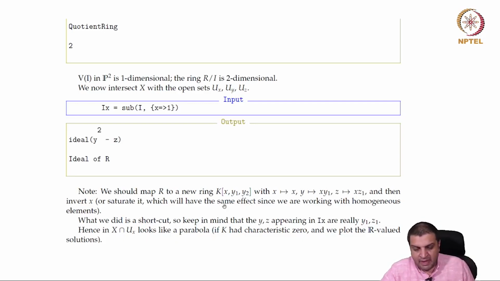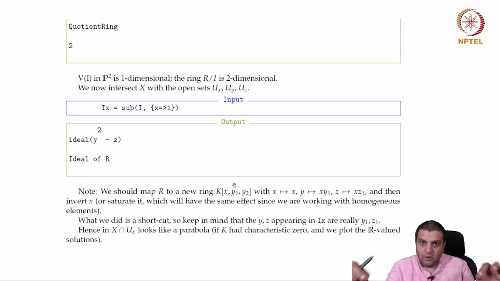So with this ring map, if you extend I and then invert x, we would just get a polynomial which involves only y1 and z1, because it is homogeneous. Just think about this.